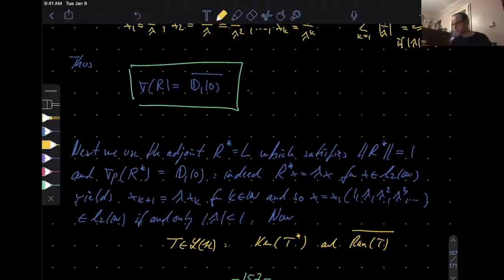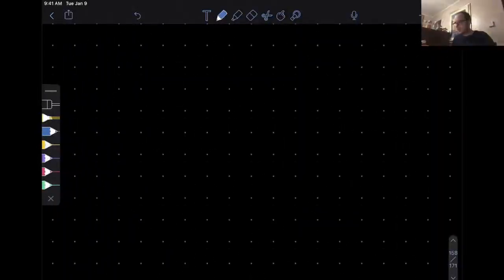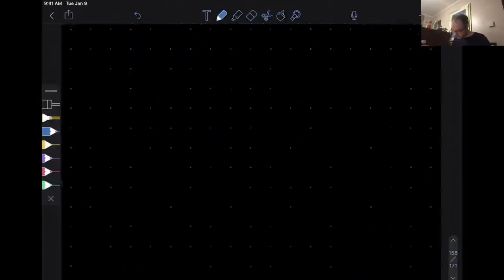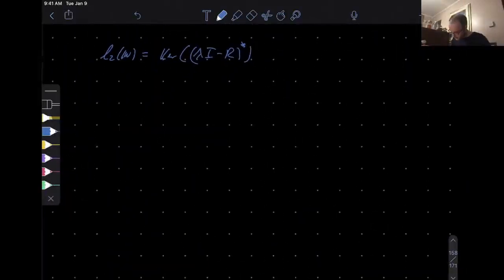All right, so let's write it down now. So using this yellow piece, we have that our Hilbert space is L2, so it will be equal to the kernel of lambda I minus R and then the adjoint thereof. So remember, here in yellow we have the kernel of the adjoint of T, so T will now be lambda I minus R. All right, so we have this, and then complementary means plus the range of lambda I minus R, closed up.